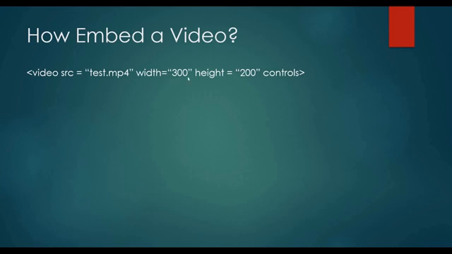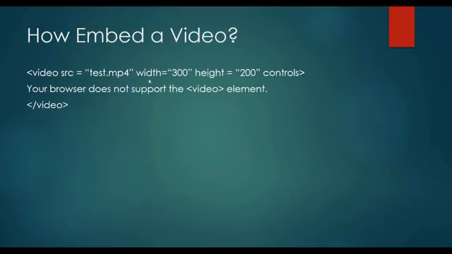We can mention width and height, as we do in image. And here we just give controls as an attribute, so it will have all the controls for video, right? Like play, pause, that seeker line, all these things.